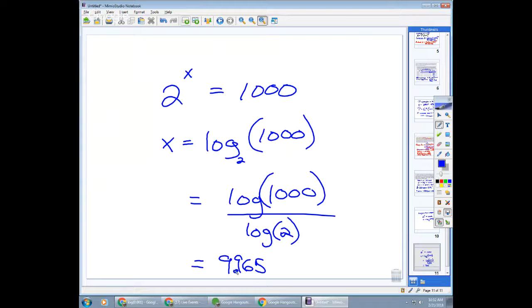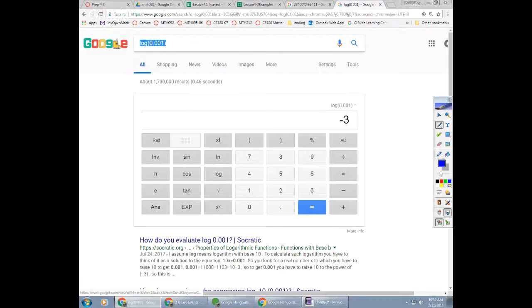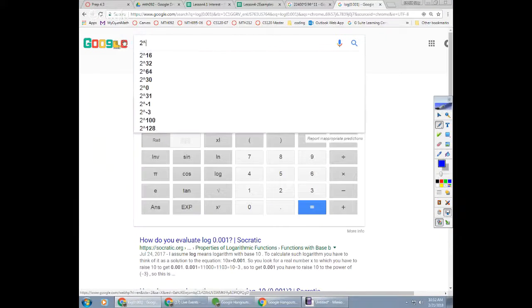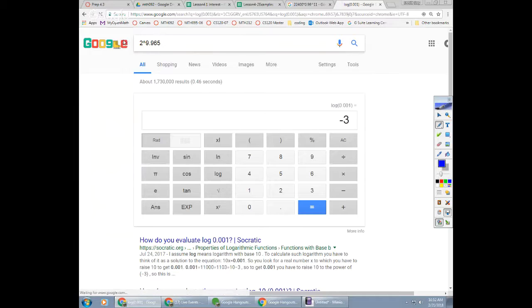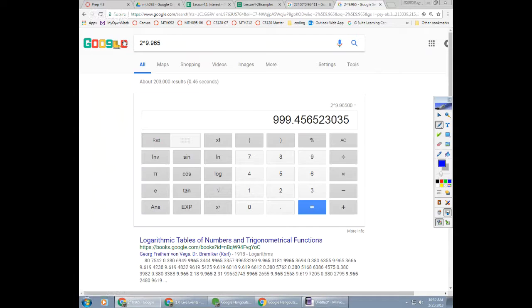Take 2 to the power 9.965. We won't get exactly 1,000 because we rounded, but we should get close to 1,000. 999.5. That's close to 1,000. If you want closer, throw more decimals in your calculation.